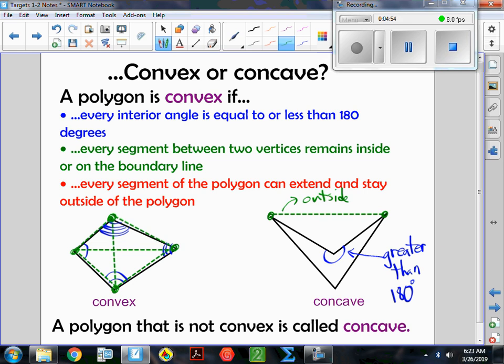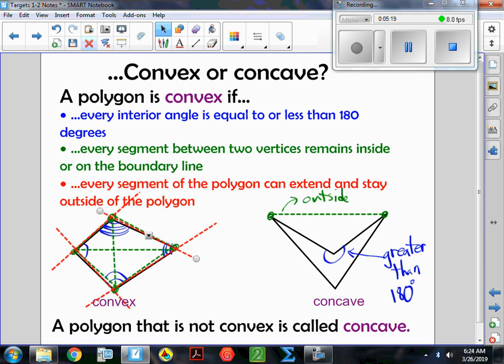A third one would be picking any of the sides and drawing it as an extension. So taking the side length and extending it all the way out in red. For a convex polygon, every time I do that, it stays outside the shape.